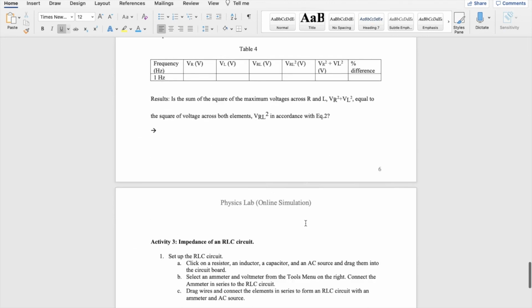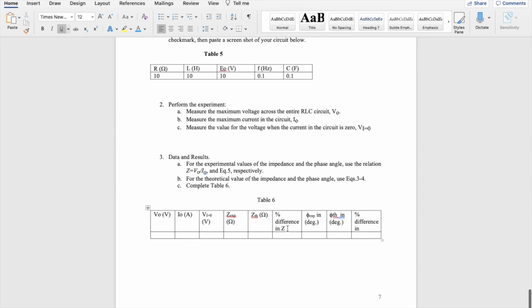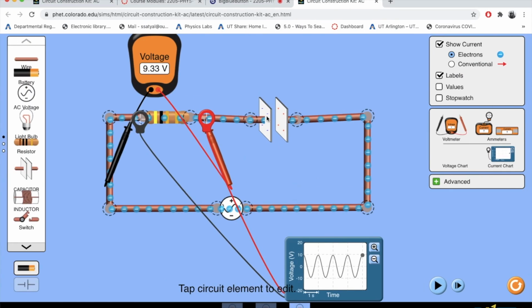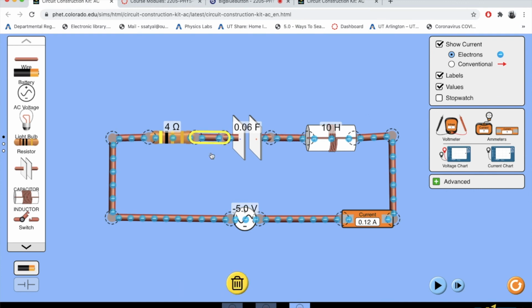The next one is the RL circuit, but we'll move on to the RLC circuit, where we will add all three elements, resistor, inductor, and capacitor, which will pretty much look like this. I made this one earlier.